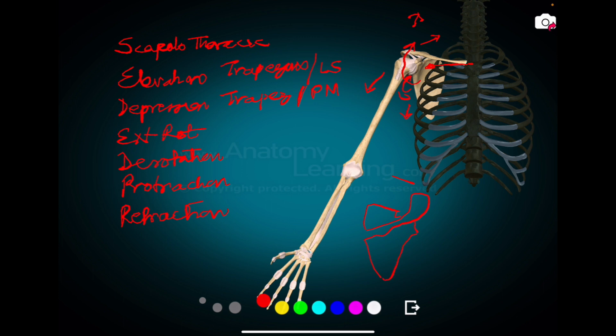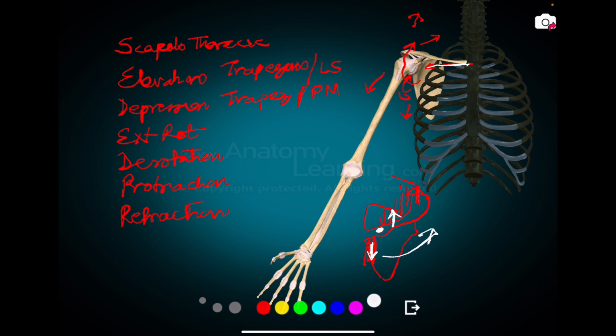So the fibers of the trapezius lift this portion of the scapula up, and the lower fibers of the trapezius put this part down. So around this axis, going from here to the sternoclavicular joint, there is external rotation of the scapula.